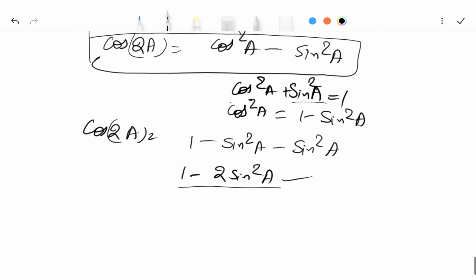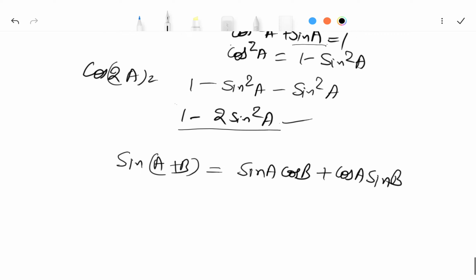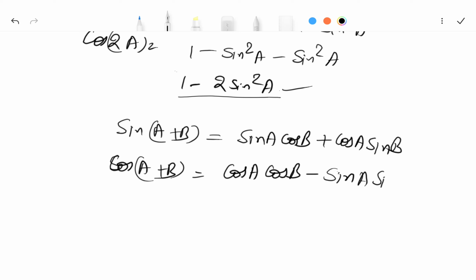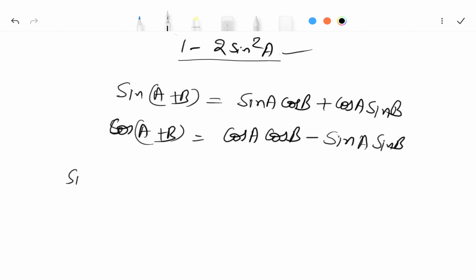So my next formula I have to derive is tan A plus B. Sin A plus B equal to sin A cos B plus cos A sin B, and cos A plus B equal to cos A cos B minus sin A sin B. What is sine theta?